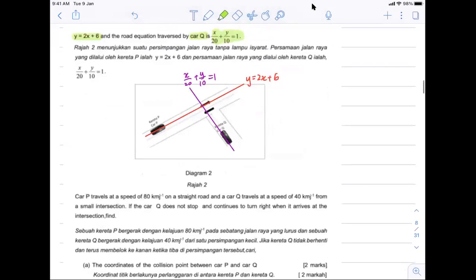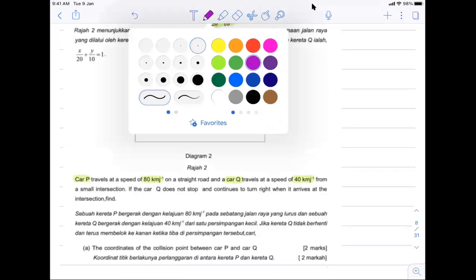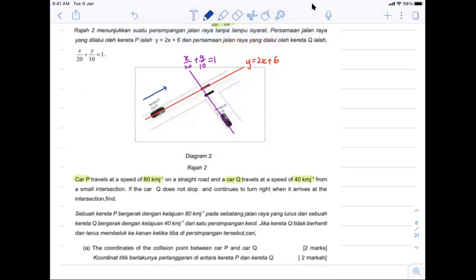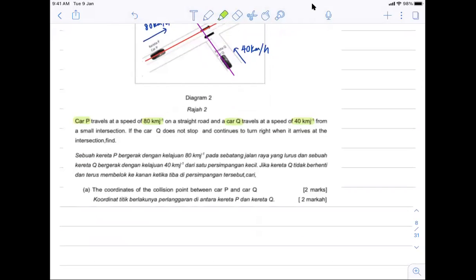The question also tells us car P is moving at 80 km per hour and car Q is moving at 40 km per hour. So we can write this down in the diagram. Car P 80 km per hour, car Q 40 km per hour. Okay, now we have all the important information.